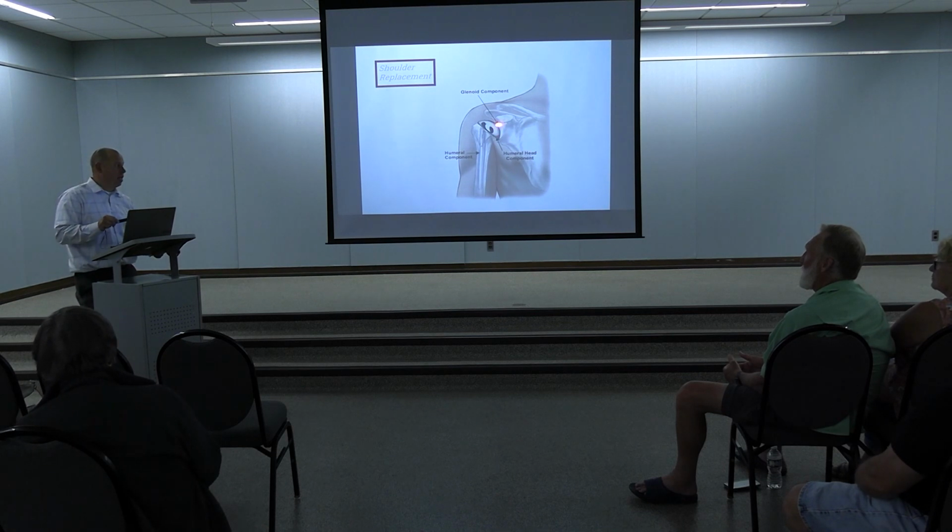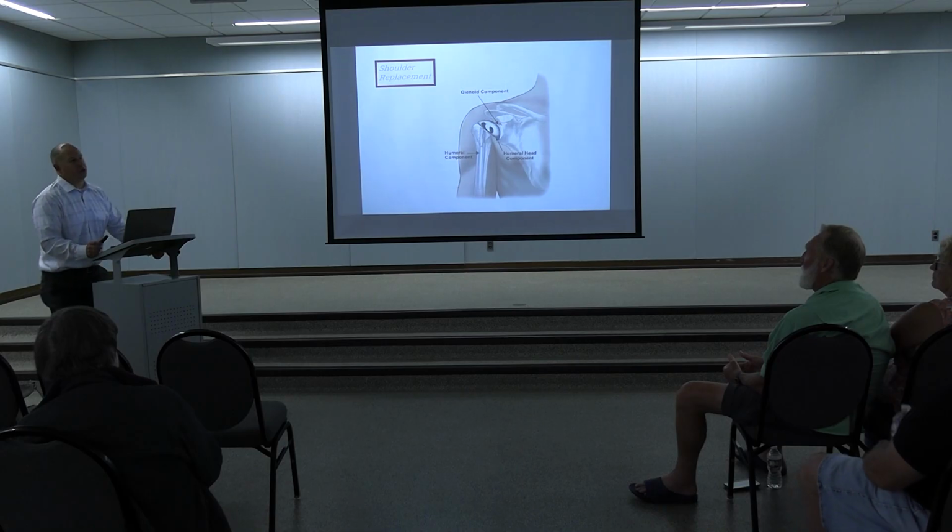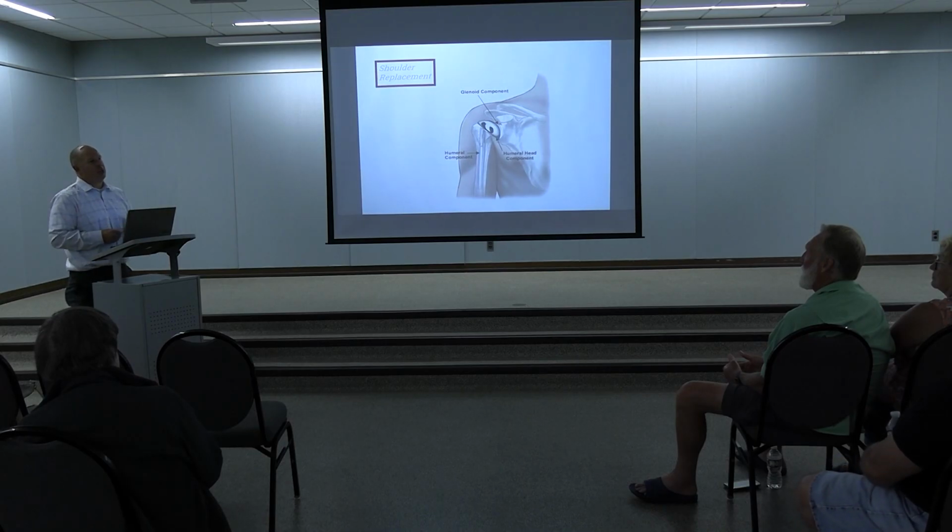A lot of times those components can loosen. So if you're going to be lifting weights with a shoulder replacement, with further information, it probably sounds like you had what's called a hemiarthroplasty.